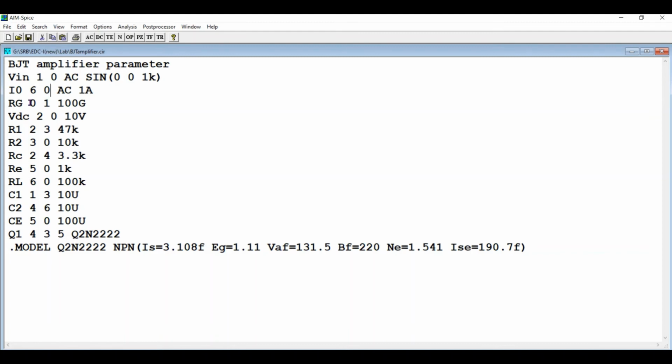RG is also between 6 and 0. That's it. That is the coding for output impedance.